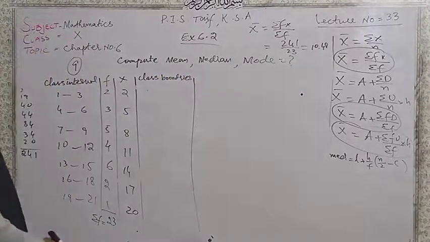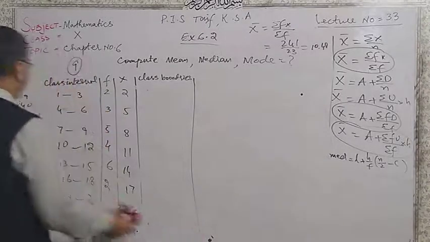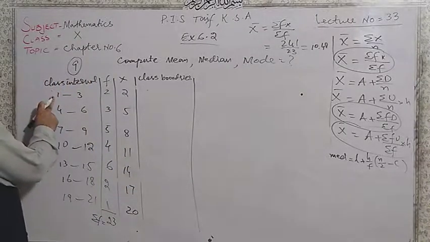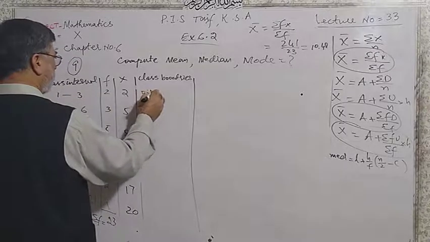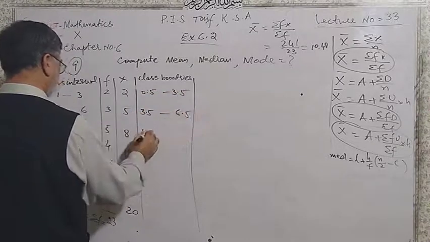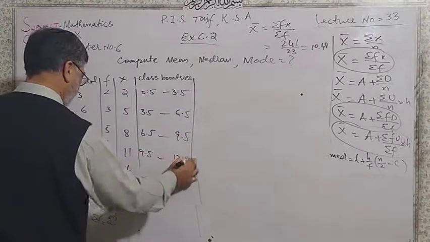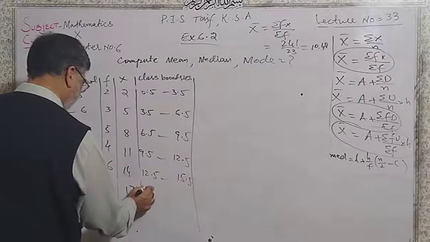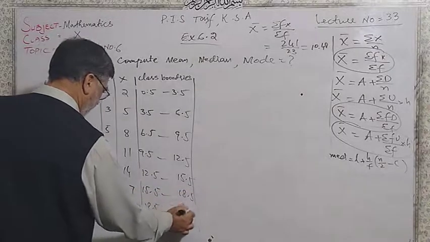and I told you in case of class boundaries how you will write down class boundary: by subtracting 0.5 from lower class limit and adding 0.5 to upper class limit. 0.5 to 3.5, 3.5 to 6.5, 6.5 to 9.5, 9.5 to 12.5, 12.5 to 15.5, then 15.5 to 18.5, 18.5 to 21.5.